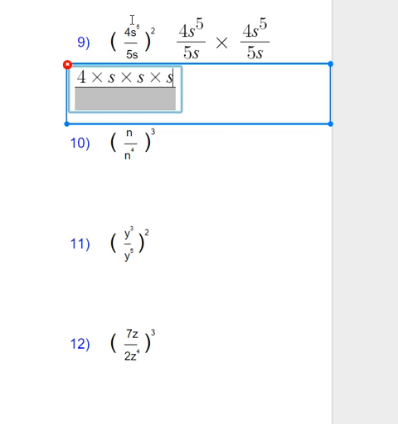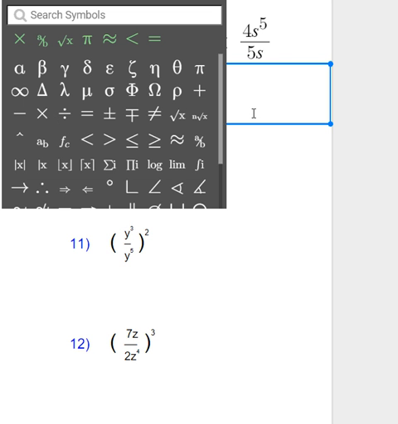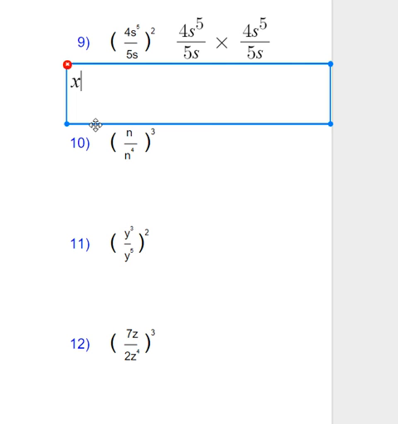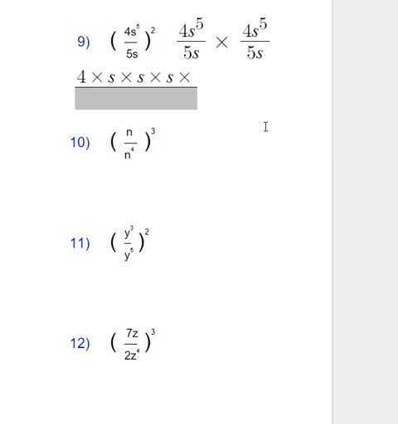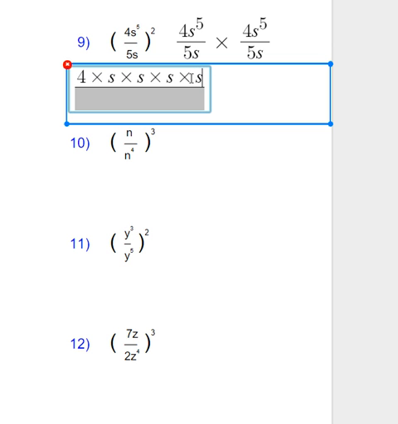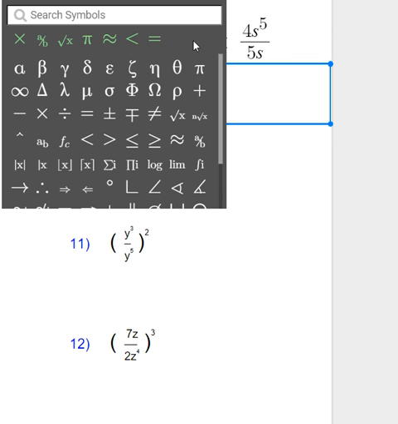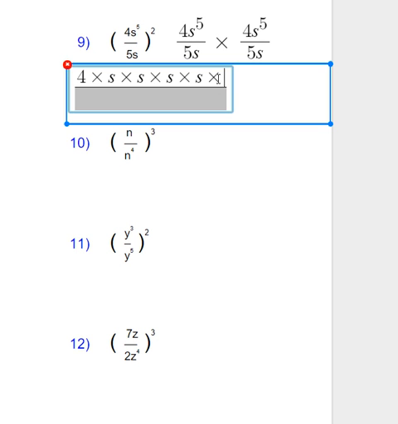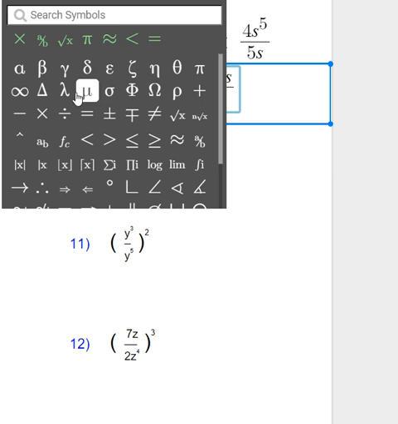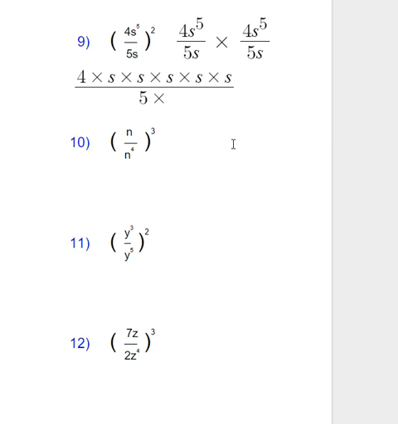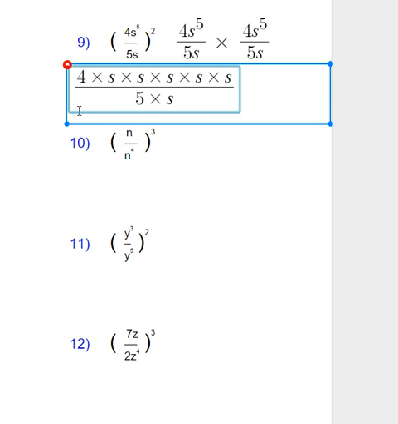I need 5 of them, so 2 more. Times s, one more times s, over 5s, and I'm going to do 5 times s, just because when we have a number next to a variable like that, we know that that's what it means, is times.